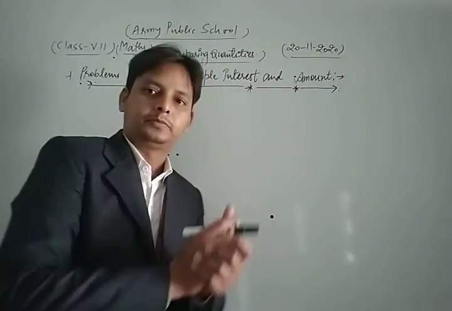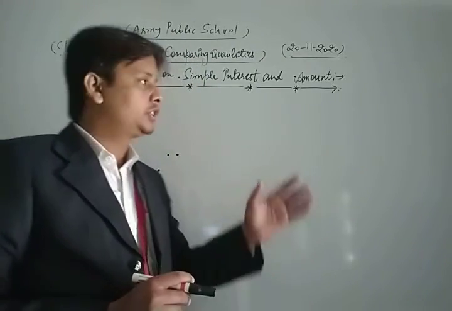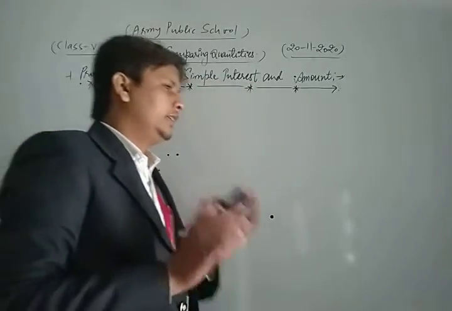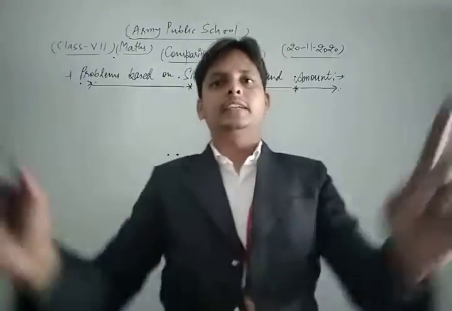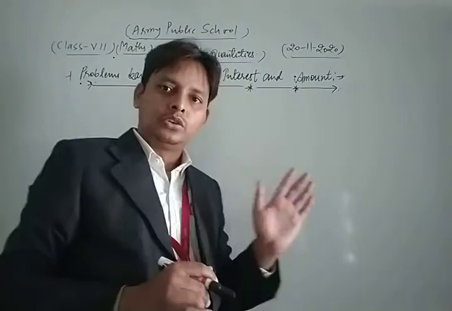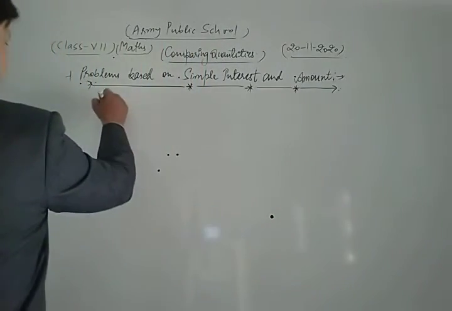Let's see here, friends. This is also a very important topic of that chapter, which is problems based on simple interest and amount. Dear student, in that topic there are two important formulas, and all the questions of your NCERT exercise are based on these two formulas. So let's take the main formula for simple interest.